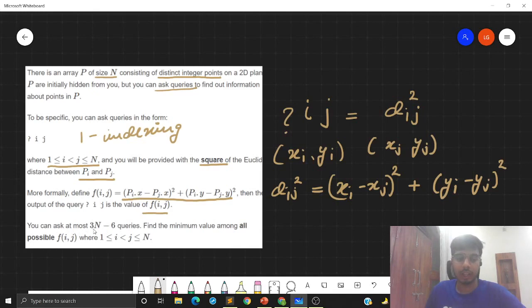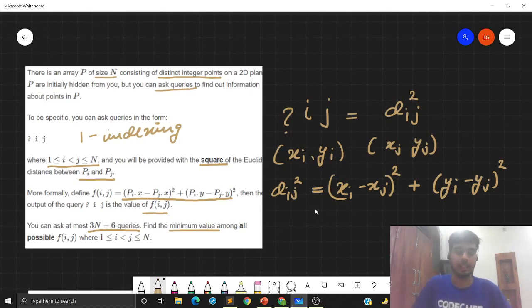Now we can ask at most 3n minus 6 queries. Overall, we want to find the minimum value among all possible f(i, j).